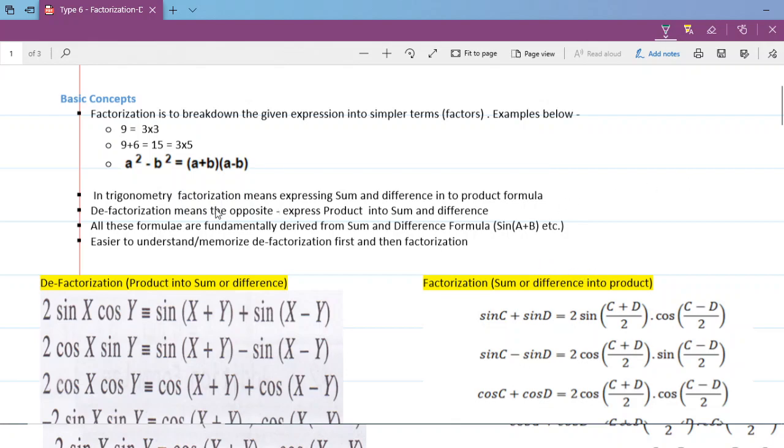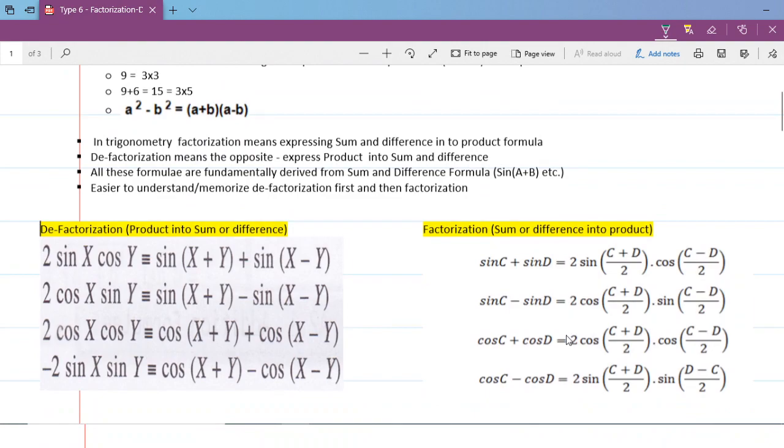What it basically means is take any two trigonometric functions, sine and cos, and whatever is the sum and difference on the left hand side, you factorize into a product formula so that you can compute values easily. That's called factorization: taking a sum and difference of sine and cosine and breaking it down into a product of two functions.